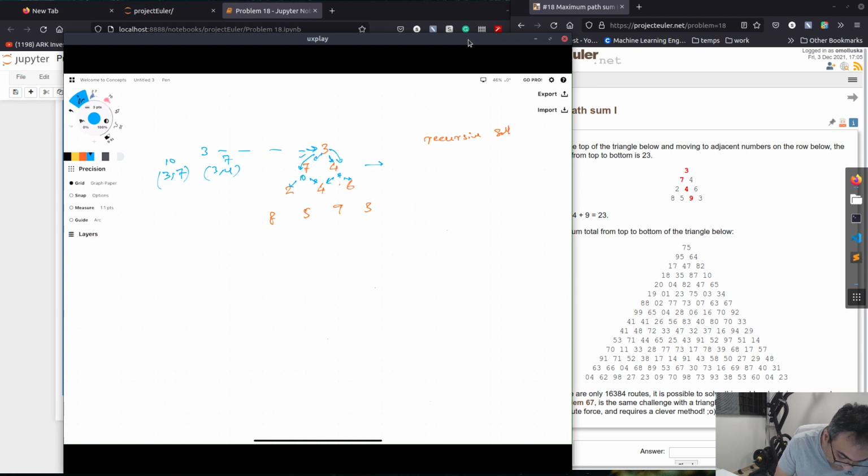From this point onward, the sum of this can be 12. The sum of this is either 14 or 11, and this one is 13, so it comes from here.